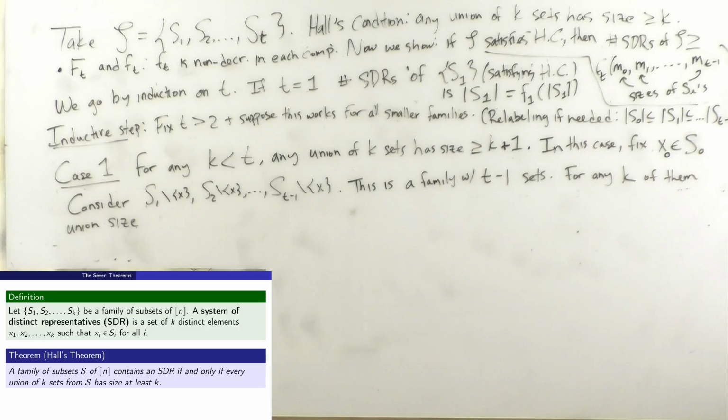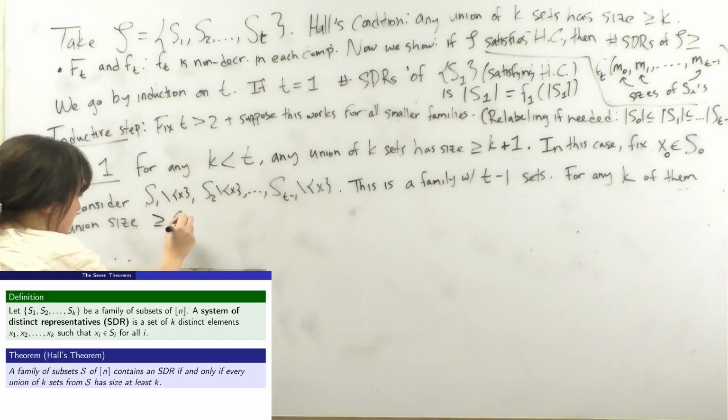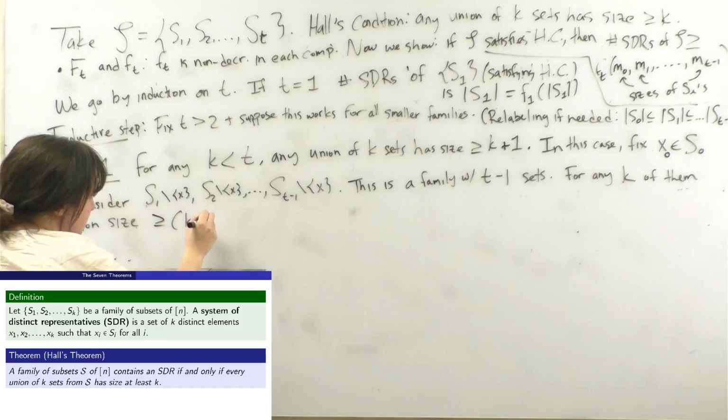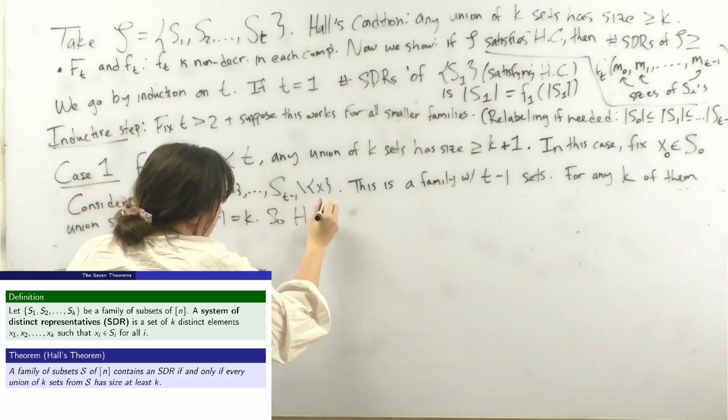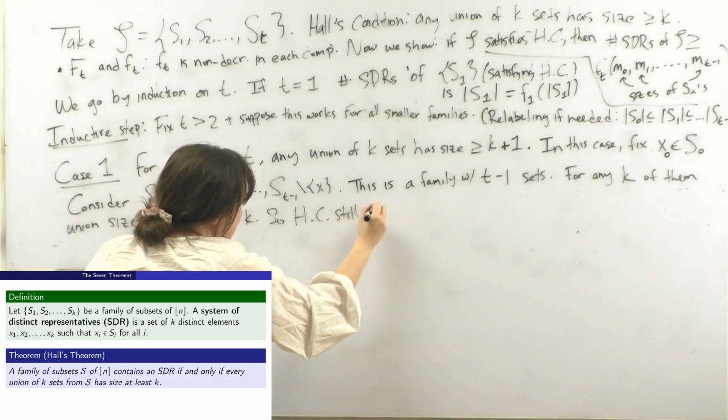So the only difference between unions in this new family and unions in my old family is if X was in a union. In the old family, it's not in a union here. So unions of these sets can drop by at most 1 in size. So I get at least k plus 1 minus 1, which is k. So Hall's condition still applies.